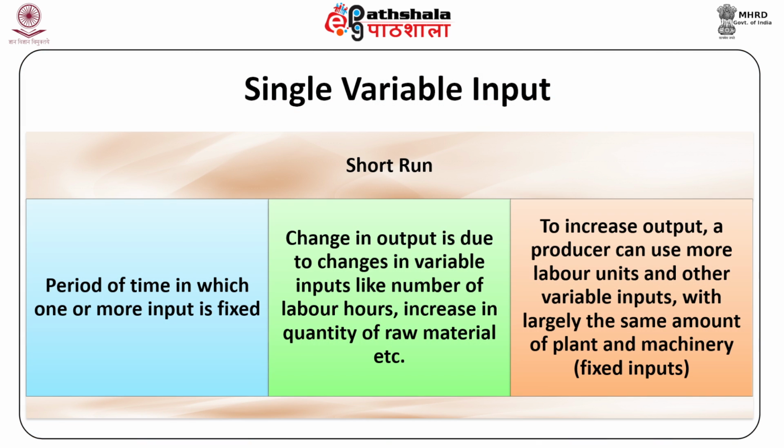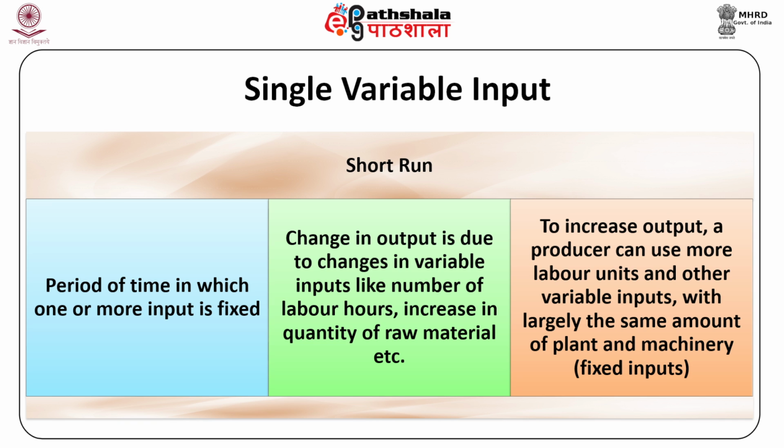Economists distinguish between the short run and the long run on the basis of use of inputs. The short run refers to that period of time in which one or more inputs are fixed. Hence, change in output is due to changes in variable inputs like number of labor hours, increase in quantity of raw material, etc. So, to increase output in the short run, a producer can use more labor units and other variable inputs with largely the same amount of plant and machinery, fixed inputs.